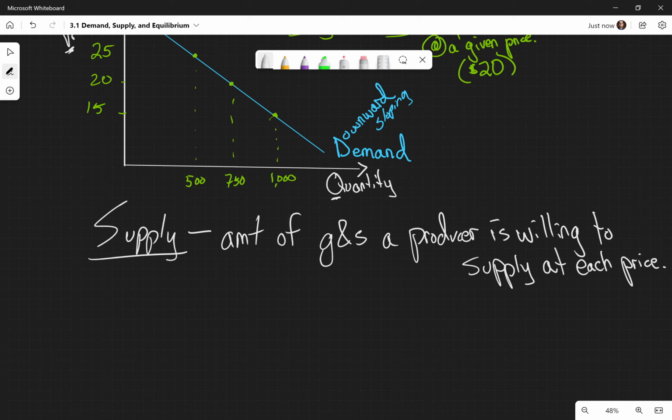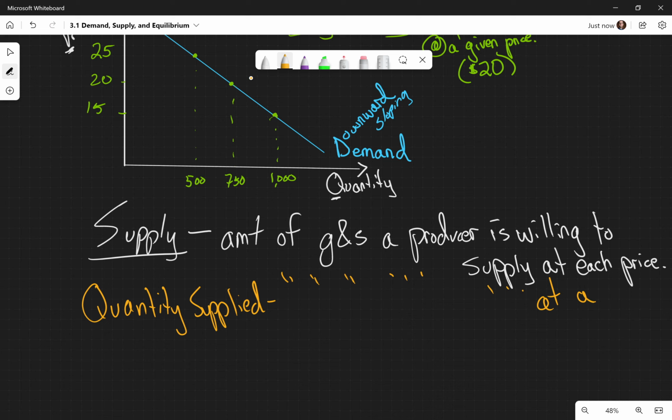So similarly to demand, there's supply and then there's quantity supplied, which is the amount of goods and services a producer is willing to supply at a specific price.